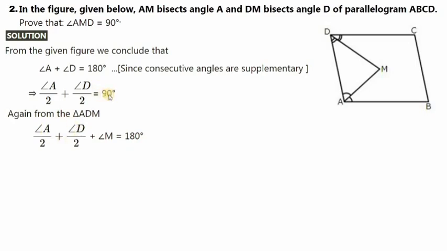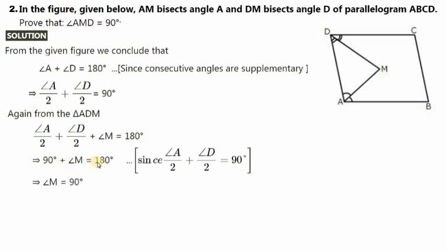Just now you found that this is 90 degrees. So in place of this, I'll write 90 degrees. From here you find that angle M will be 180 minus 90, which is 90. So angle M, they are talking about this. Therefore we see that angle AMD, that is this angle, will be equal to 90 degrees. Right? So pause the video and note down your solution.